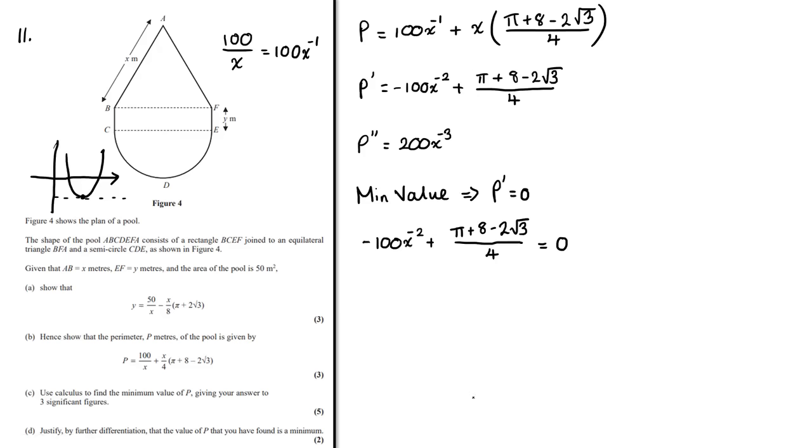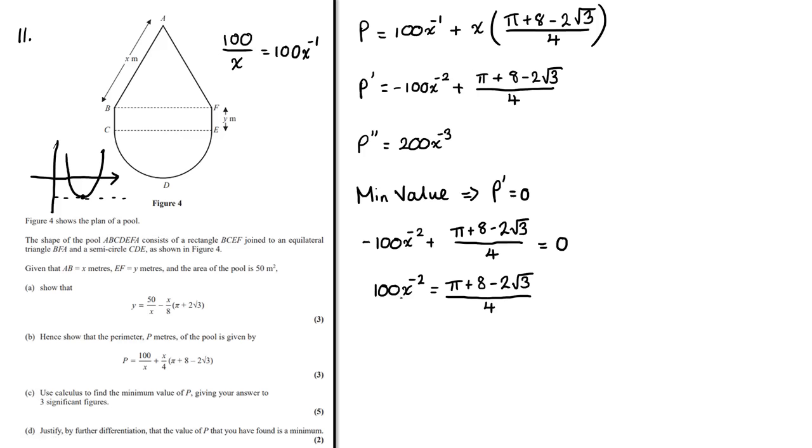And I think the first step that makes the most sense is to take this minus 100x to the minus 2 onto the other side. Make that positive. So I get 100x to the minus 2 is equal to pi plus a minus 2 root 3 all over 4.